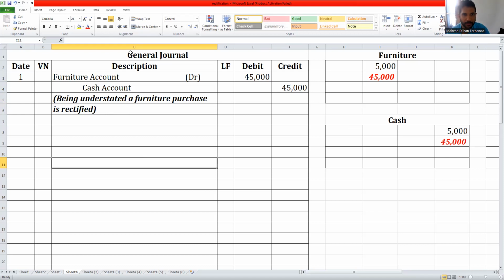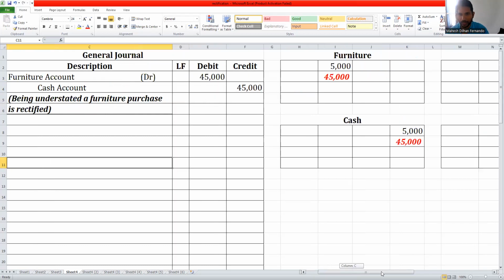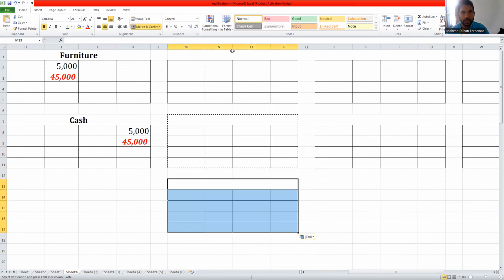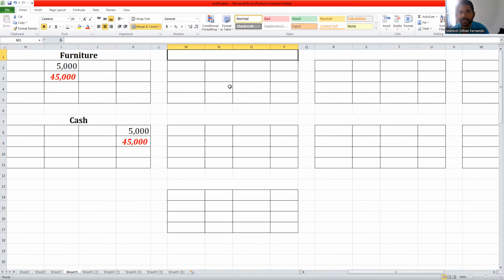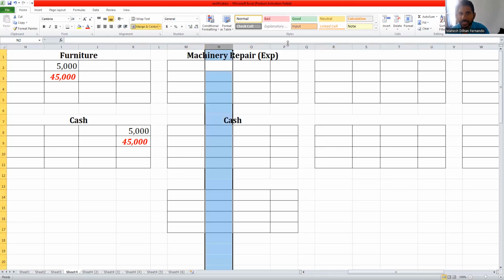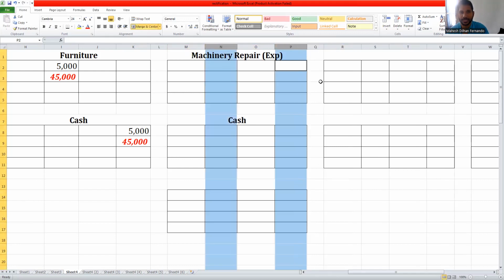Number 2. A repair of machinery valued 8,000 has been debited to the machinery account. To record the machinery repairs, we need the following accounts: machinery repairs, remember, this is an expense account, and also cash. Normally it should be machinery repairs account debit and cash credit.